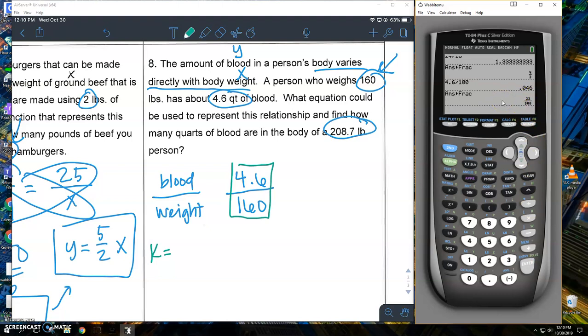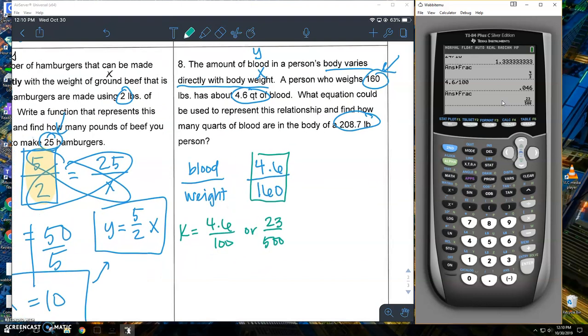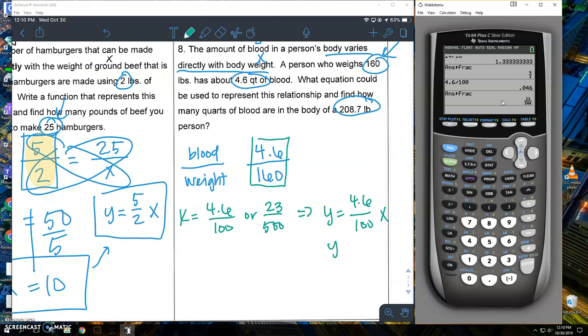I'd rather just keep it as 4.6 over 100, or you can go ahead and write that 23 over 500. So I can go ahead and write my equation, and that would be y equals 4.6 over 100x, or y equals 23 over 500x.